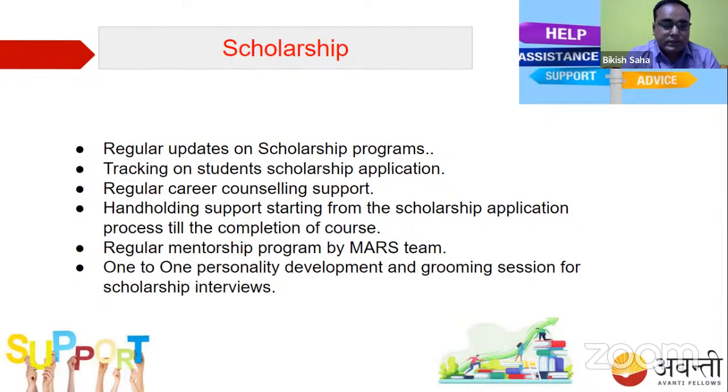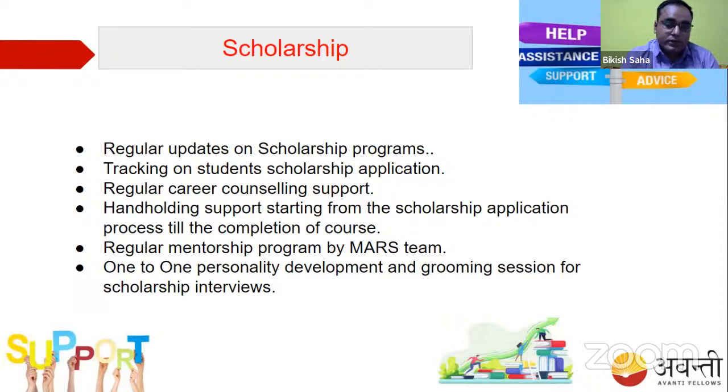Once you get connected with us, we'll be tracking your application process also. We'll be helping you with the application process, because a few students may not be very comfortable with the internet, and may not be able to understand how to apply even after receiving notifications from us. So we'll be helping them, tracking whether those students have applied for the scholarship or not. Regular career counseling will be provided to you from time to time.